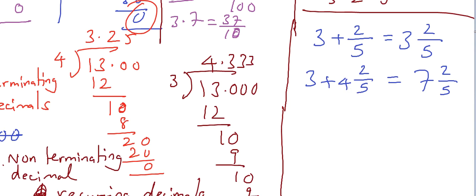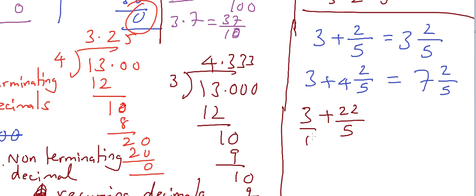I'll just show you: if you do it the other way also, you will get the same result. Normally how do you add? 3 plus, convert to improper fraction, 4 into 5, 20 plus 2, 22 by 5.